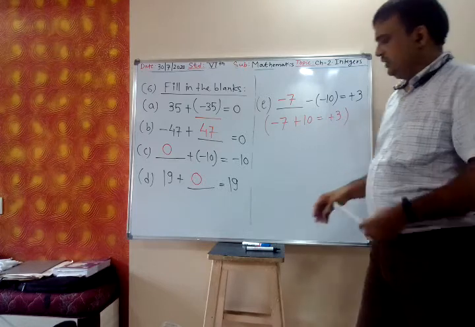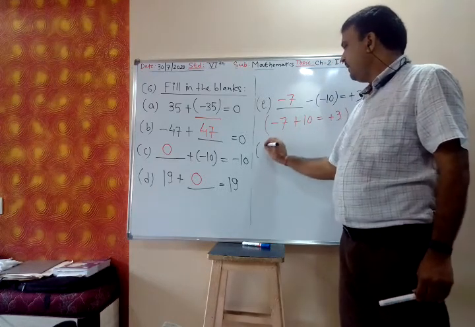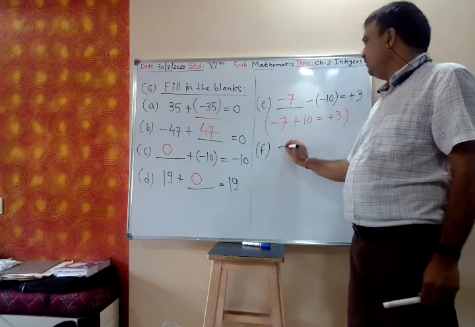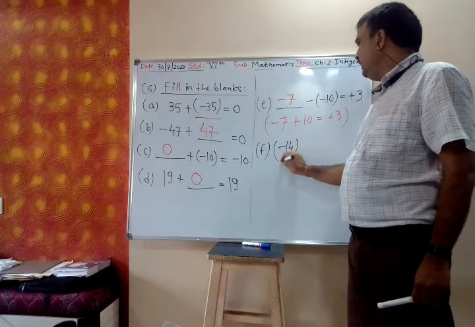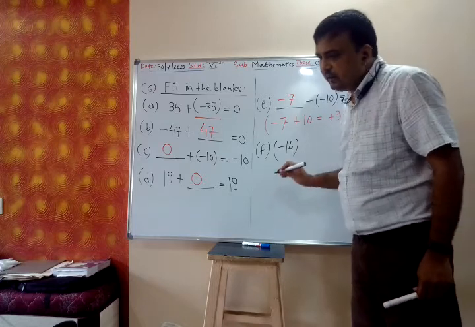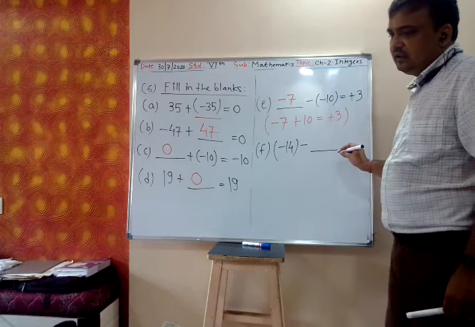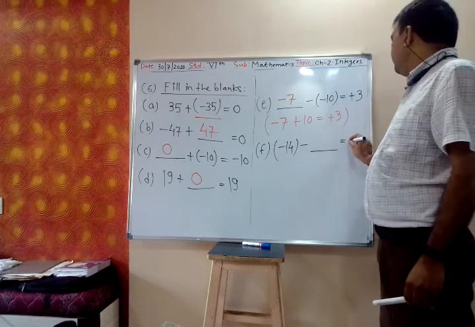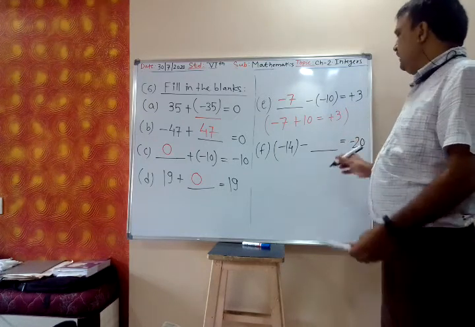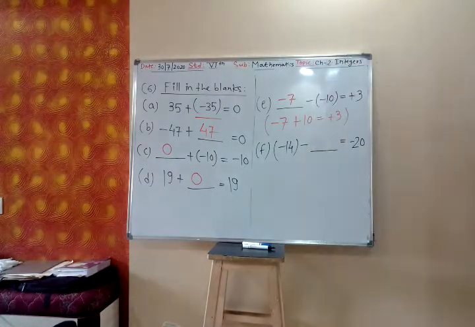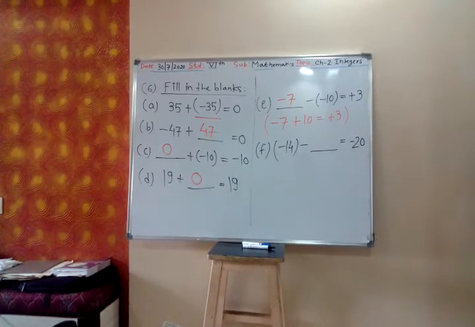Right. F: minus 14 then dash is equal to minus 20. Minus 14, you will add which number so that you get minus 20?